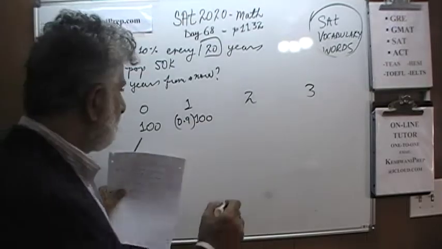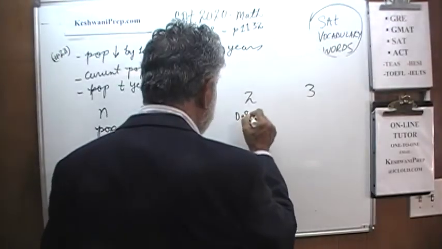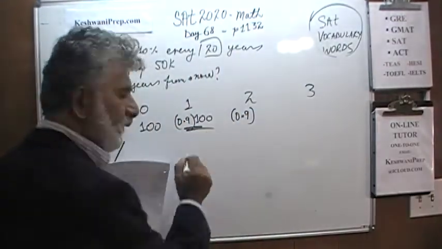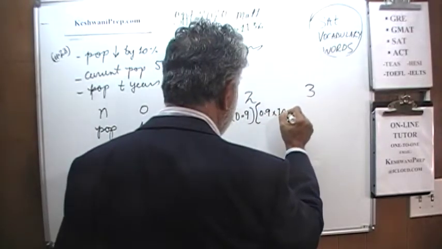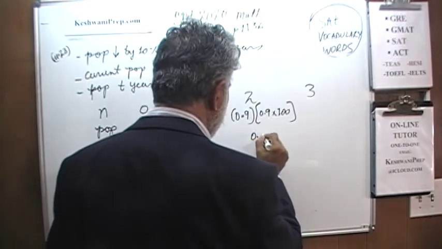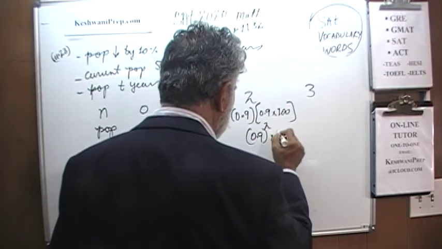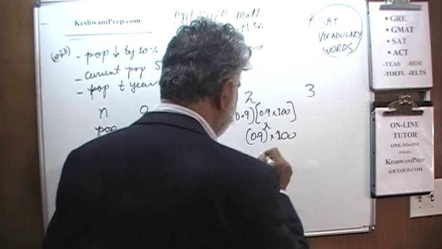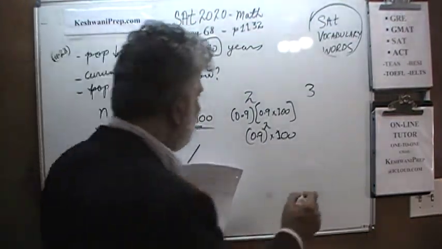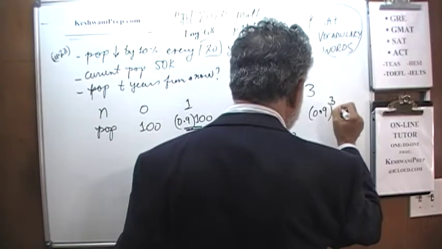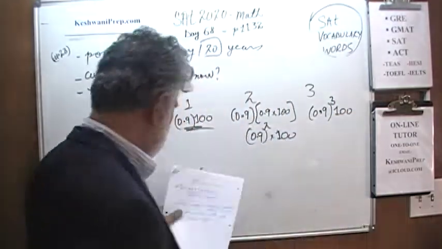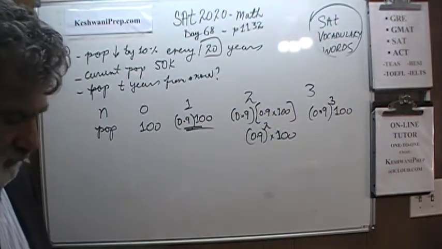The following year, it is going to be 90% of this amount. 90% of 0.9 times 100, which of course is same as 0.9 squared times 100. The third year, it's simply going to be 0.9 raised to 3 times 100, and so on and so forth.